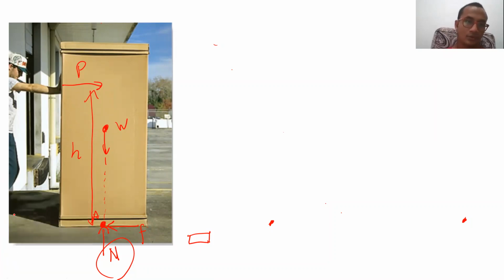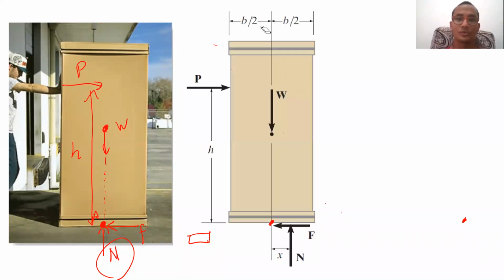Previously, the normal force is always in the same line of action as the W. But because right now we assume that all the dimension is important, we can't do it this way anymore. So what we're supposed to do is we have to put a normal force at the distance of x from the line of force of the W.